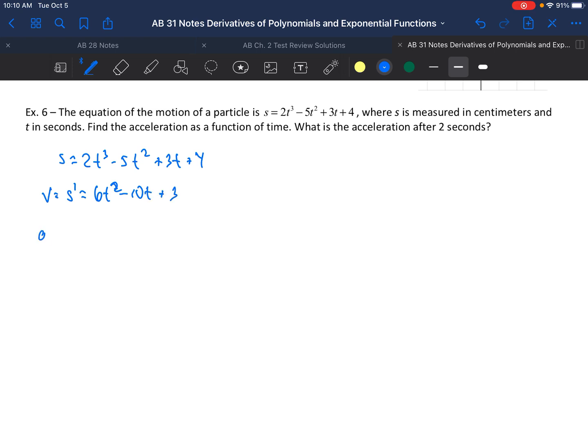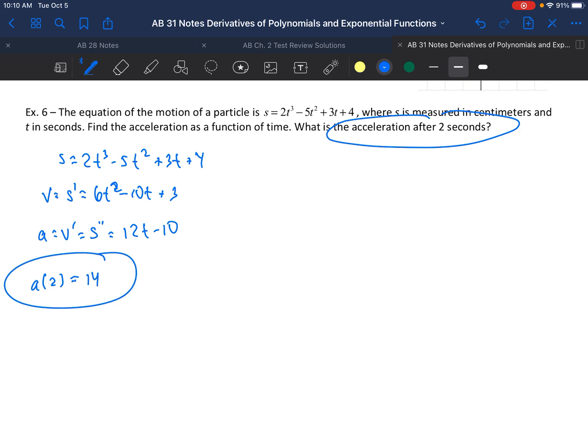And acceleration is the derivative of velocity, which is the second derivative of position, which would give us 12t minus 10. Finding the acceleration after 2 seconds, a of 2 is going to be 12 times 2 minus 10, which is 14. That would be centimeters per second squared.